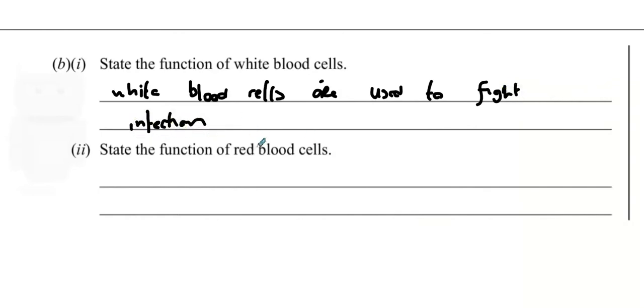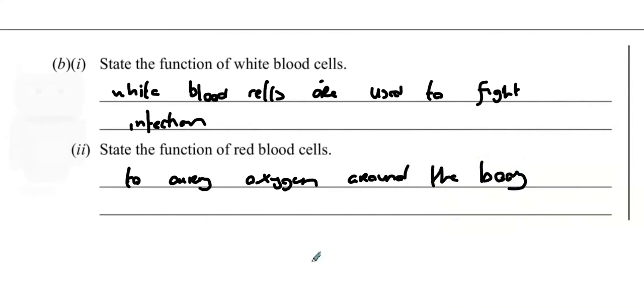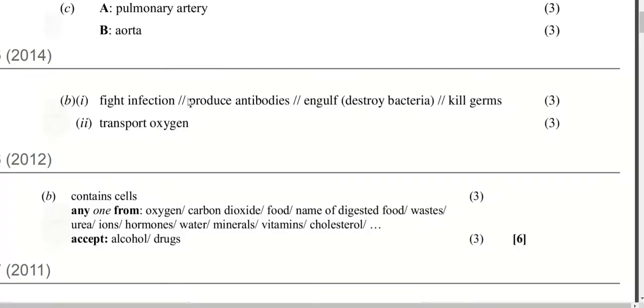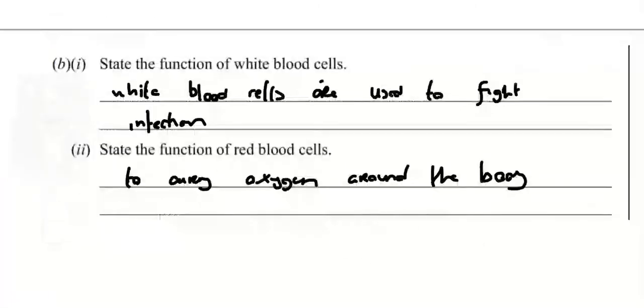State the function of red blood cells: to carry oxygen around the body. Now, if you're wondering for other acceptable answers, we could have had white blood cells fight infection, produce antibodies, engulf and destroy bacteria, kill germs, and red blood cells is simply to transport oxygen. Okay, so that's no big deal there.